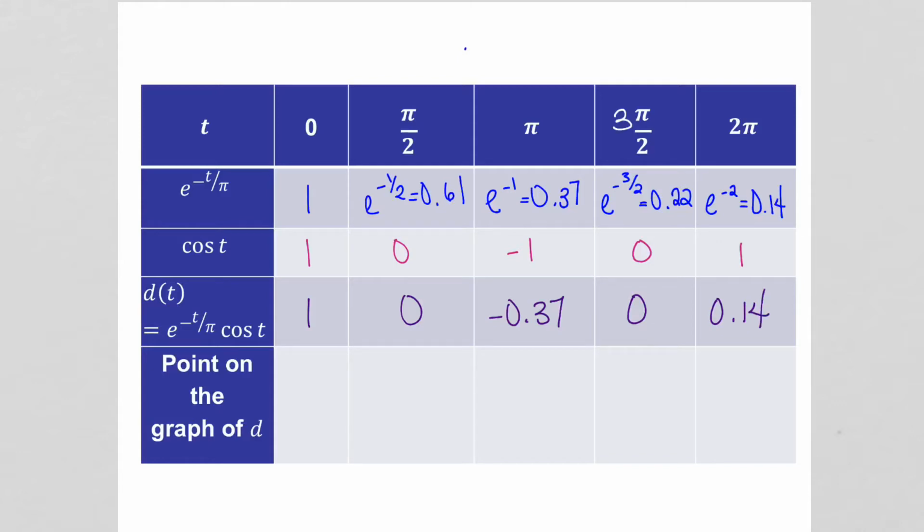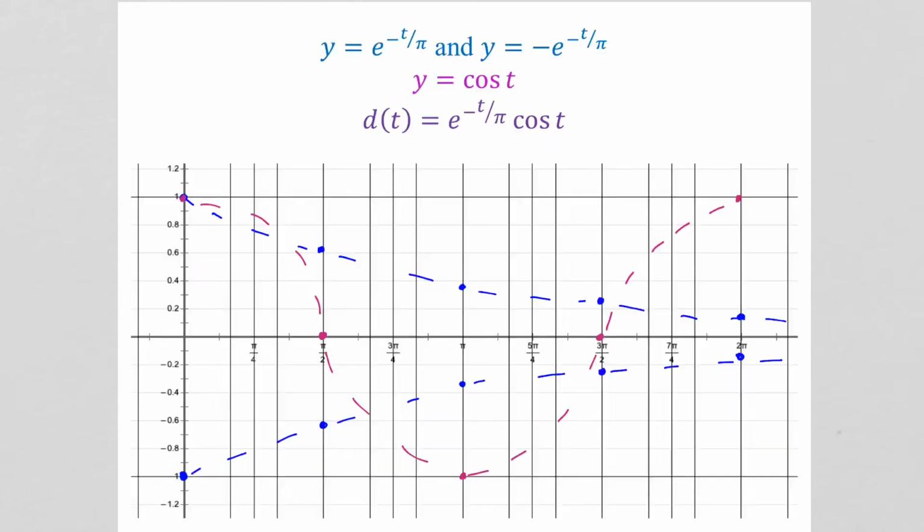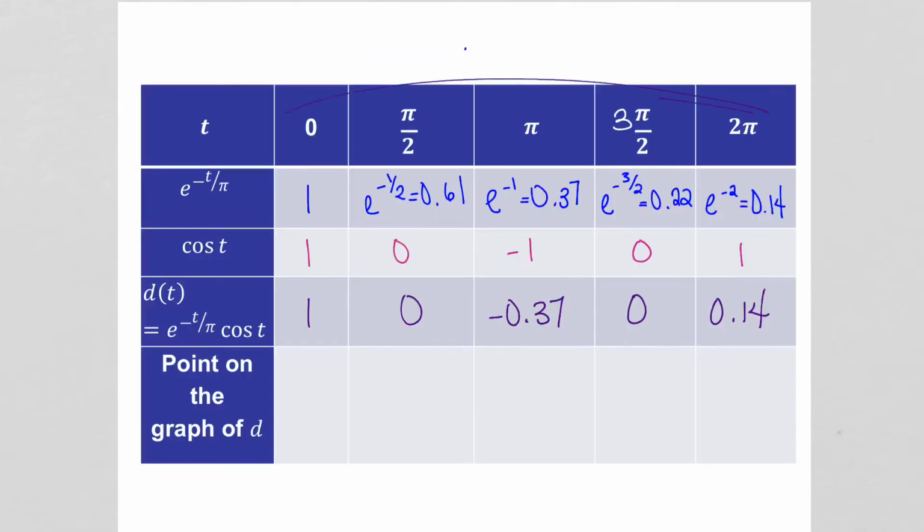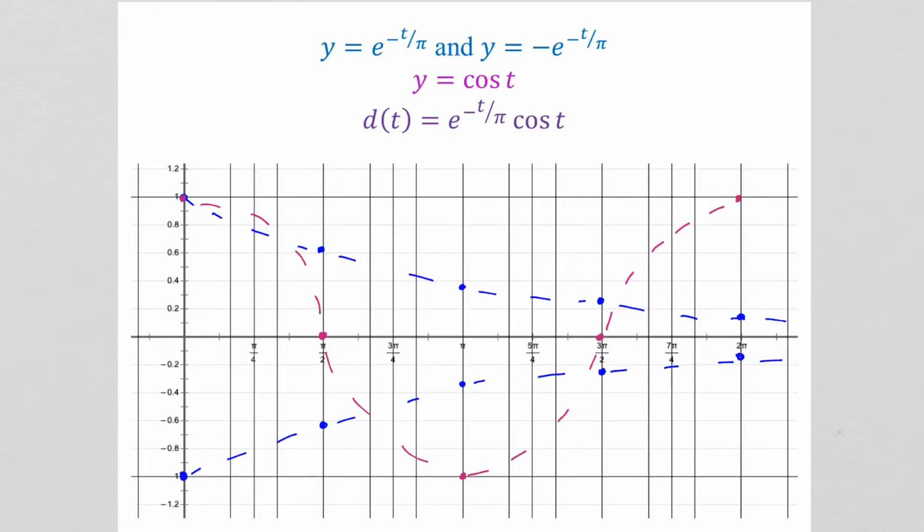And now we're going to come and graph that. And watch what happens. So 0, 1, we're graphing, these are our x values, okay, still. So 0, 1. Then we have pi over 2, 0. Then we've got pi, negative 0.37.